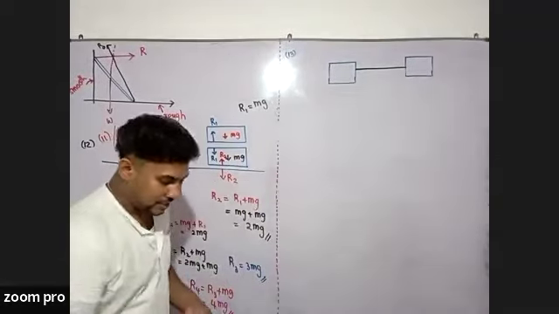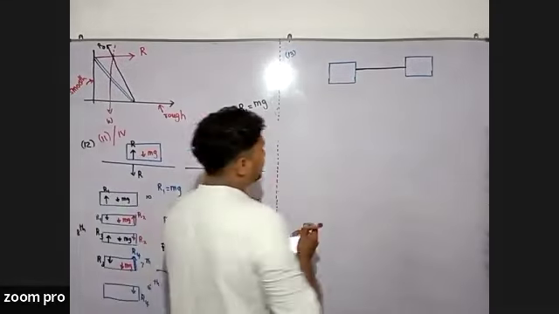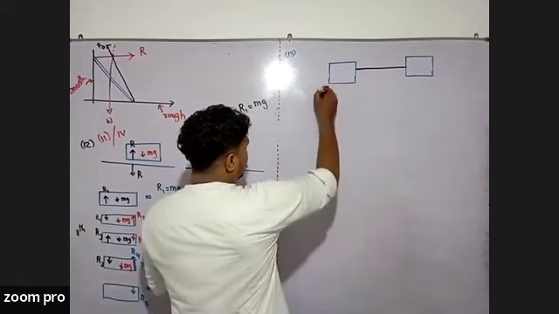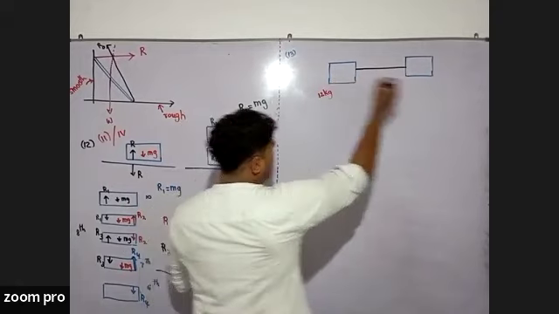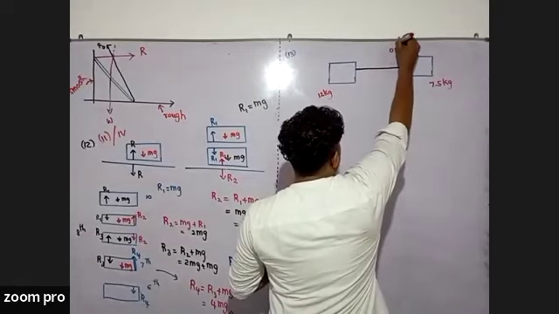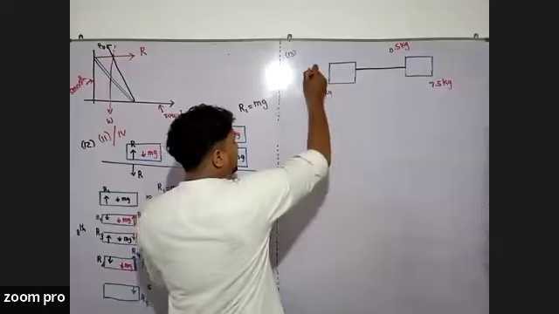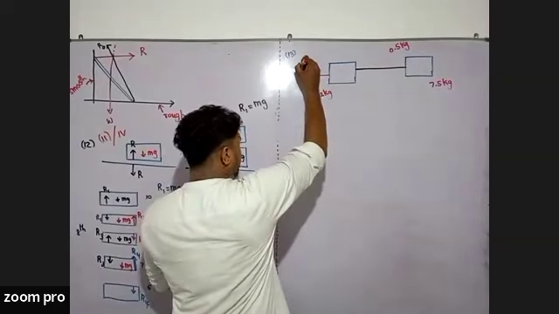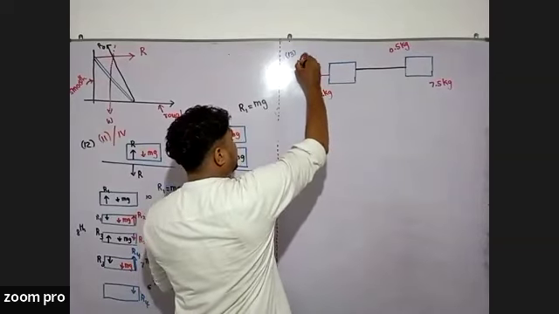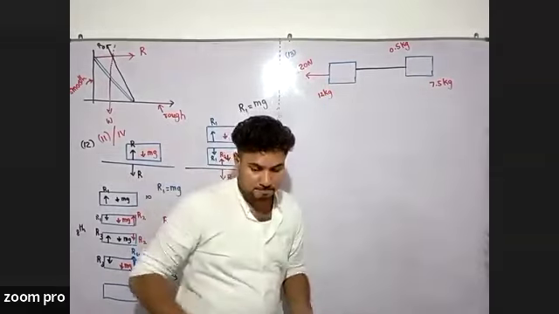Let's assume these are the values of the masses of the relevant objects: 12 kilogram, 7.5 kilogram, and the mass of the string is 0.5 kilogram. And the 12 kilogram object is pulled by a force of 20 Newton.